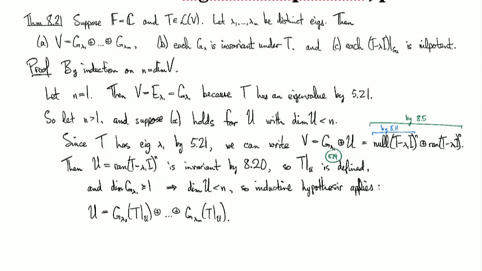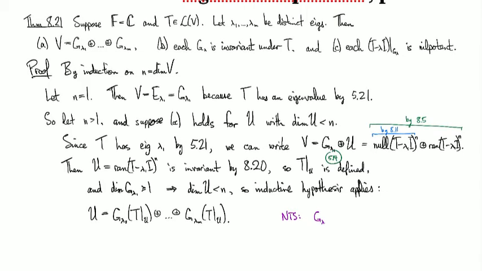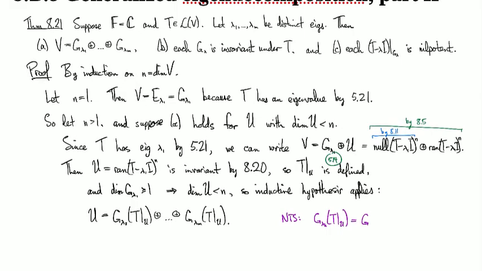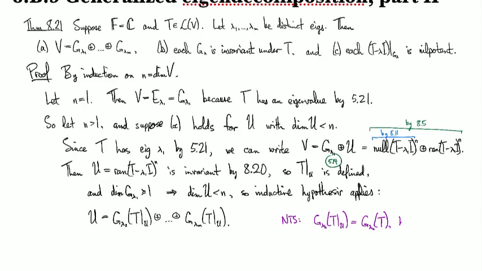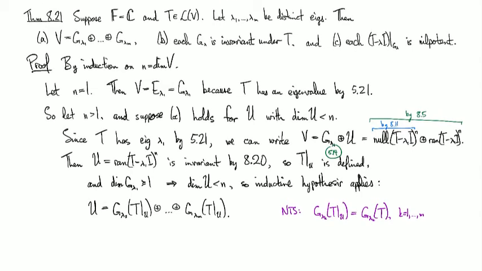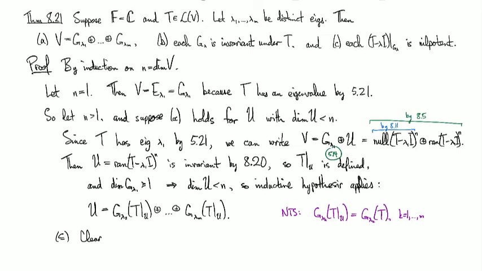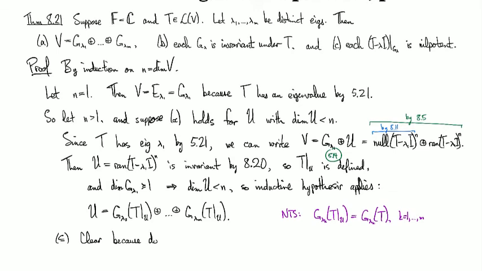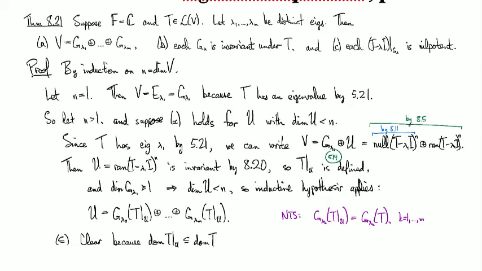So now the only thing that remains to show is that the generalized eigenspace of the restricted operator is the same thing as the generalized eigenspace of the full operator. Okay, so that's going to be a double containment, and the forward containment is more or less obvious because we know that the domain of T restricted to U is a subset of the domain of T.